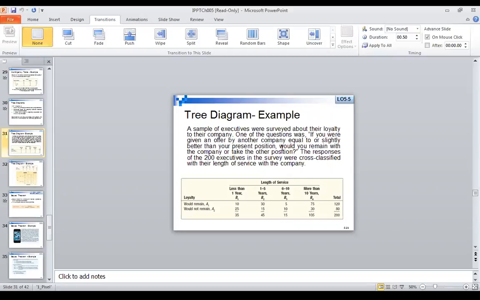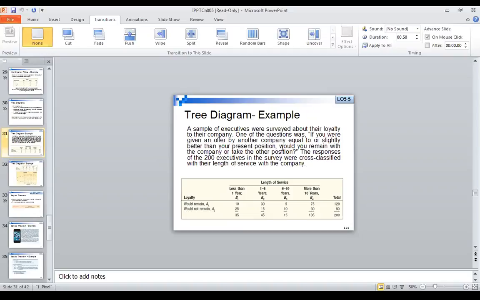Would and would not. So less than 1 year, 10 and 25. Let me populate this real quick. 30 and 15. 5 and 10, 75 and 30.